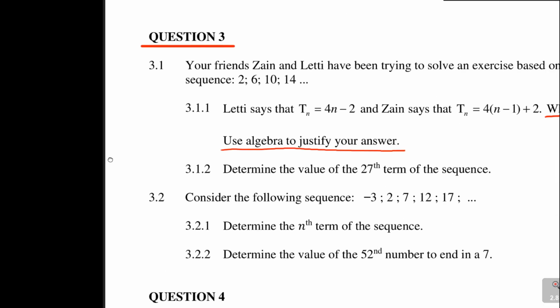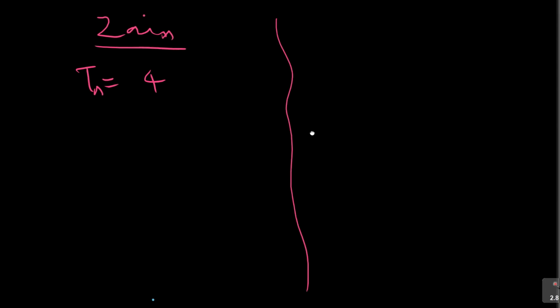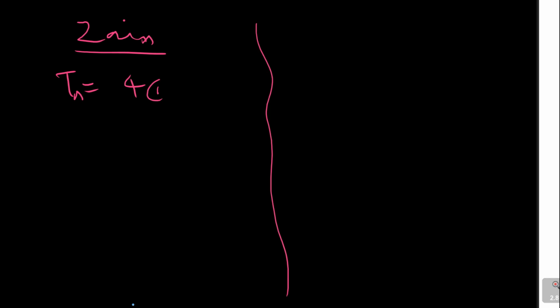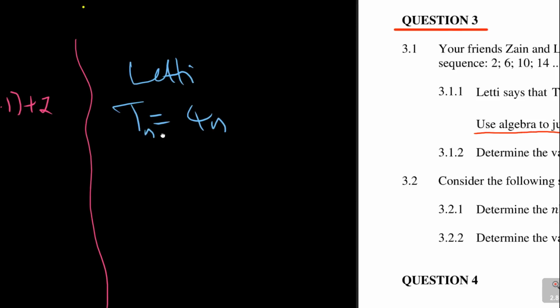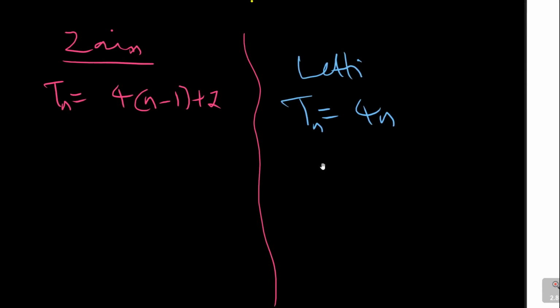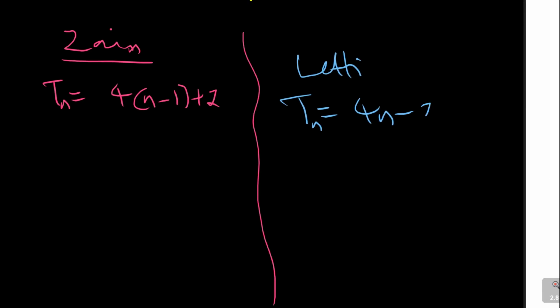Zane says Tn is equal to 4 into n minus 1, plus 2. And then Letty: Tn is equal to 4n minus 2. I'm just trying to show you it's still algebra to me.